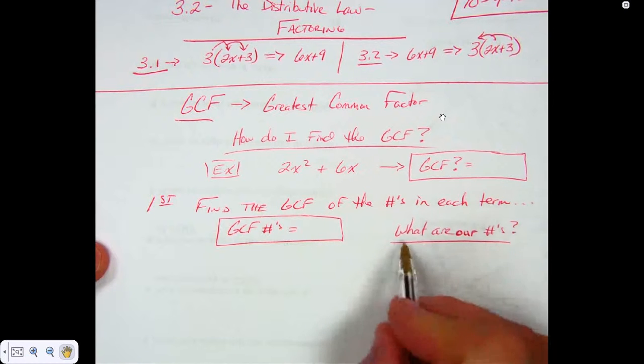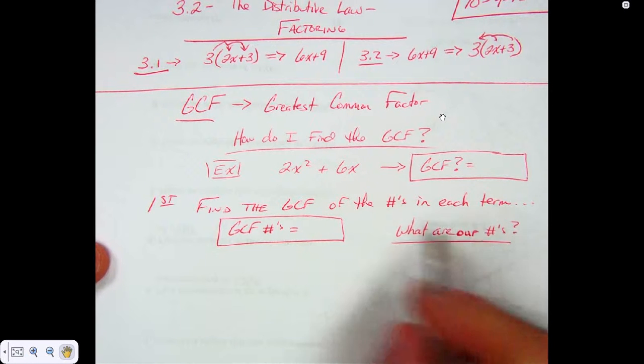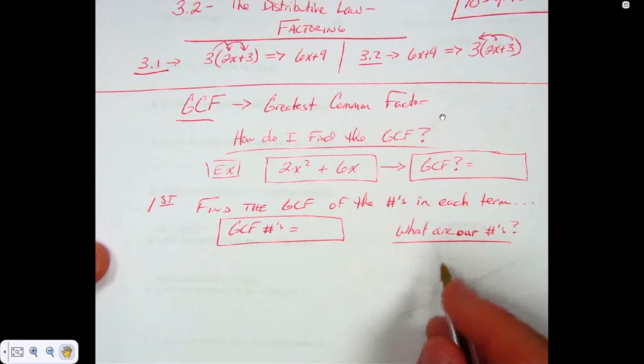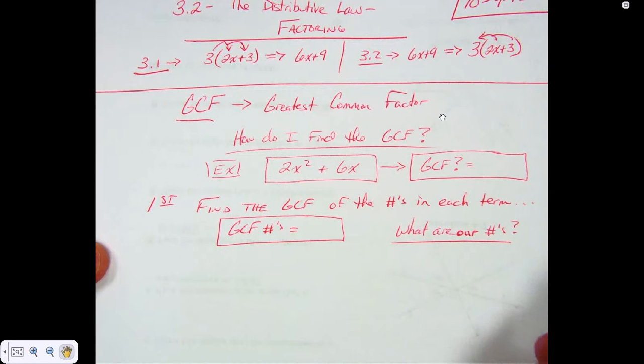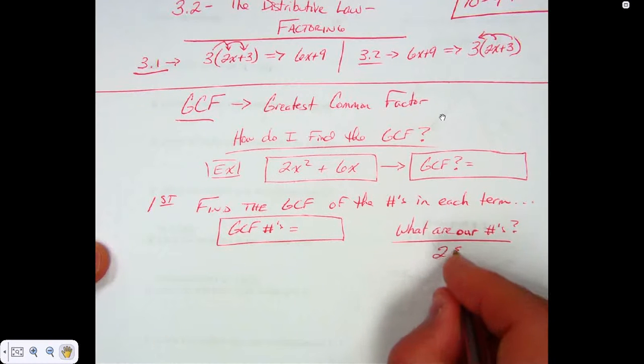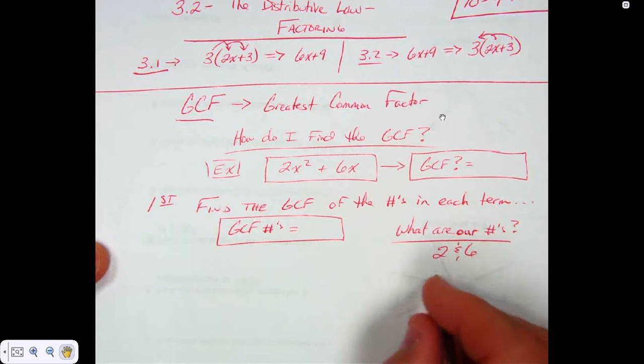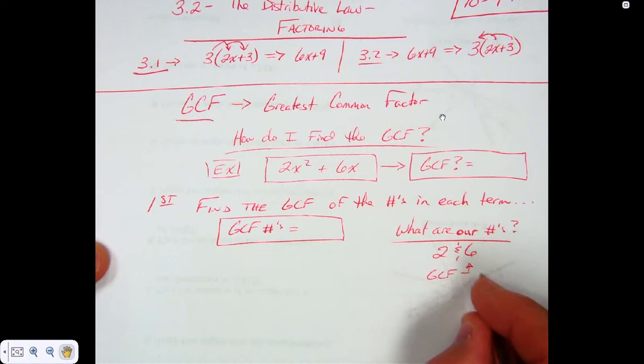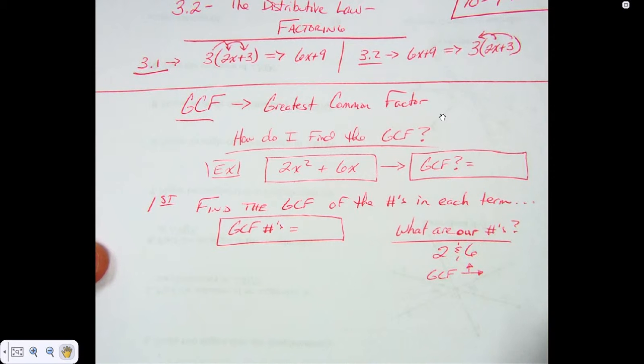Okay, so again, what are our numbers here for this problem? We're finding the GCF of our numbers. What are our numbers? 2 and 6. Well, what is the GCF of those two? Greatest common factor means the biggest number that will divide into both of them evenly.